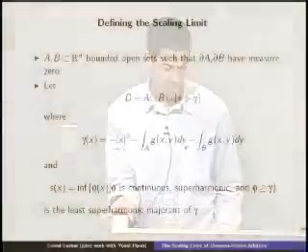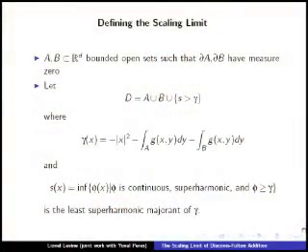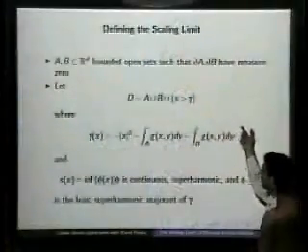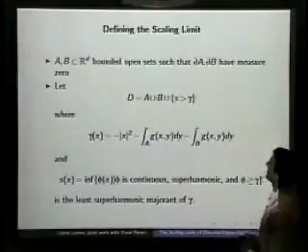We're going to take the least superharmonic majorant S of this function gamma, and we're going to define D to be the domain A union B, union the set where S is strictly larger than gamma.